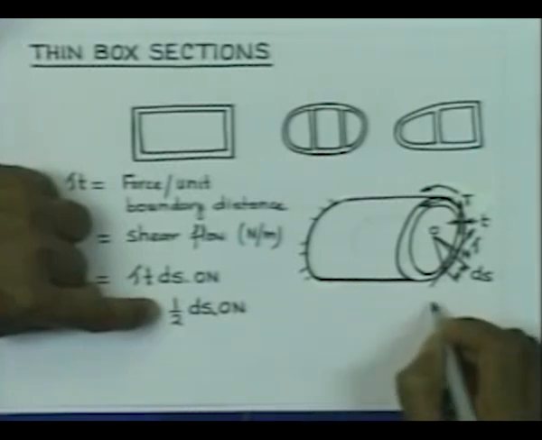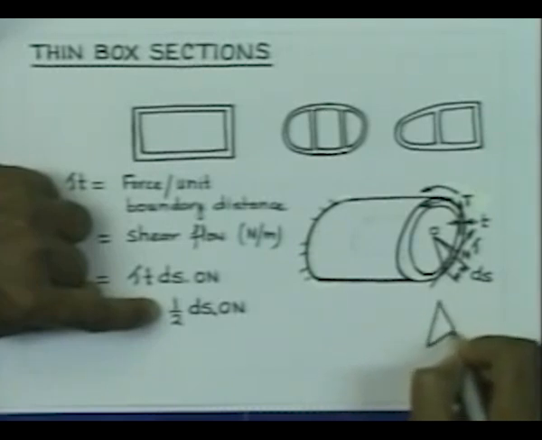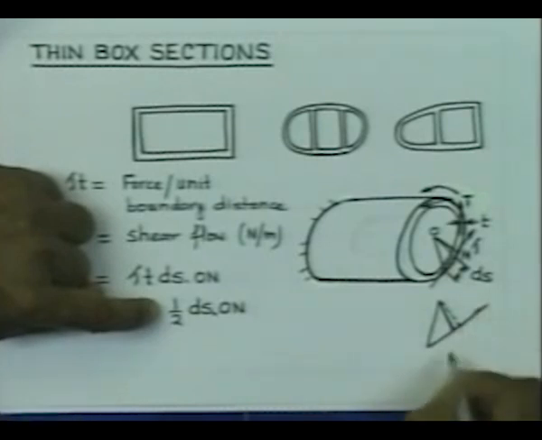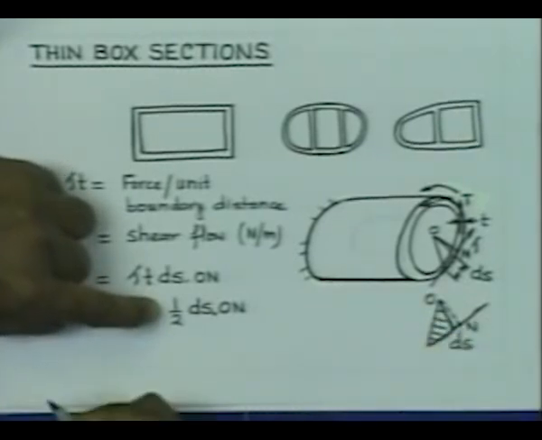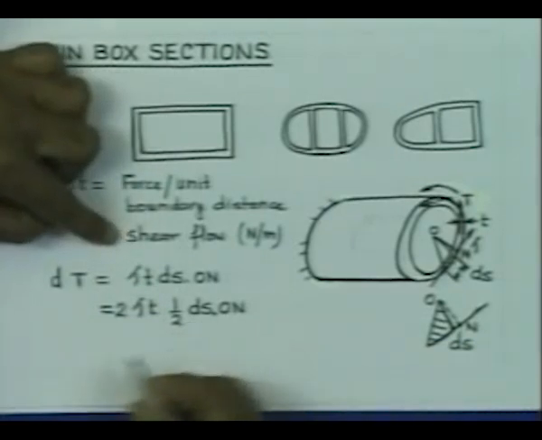So, therefore, I would like to draw this separately. So, what we have here is this is ds, this is ON. So, this triangle is the area here.